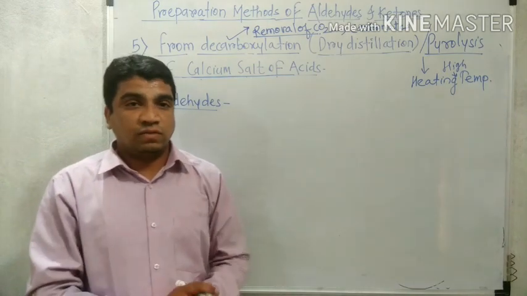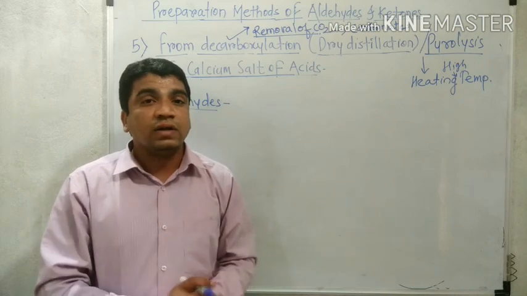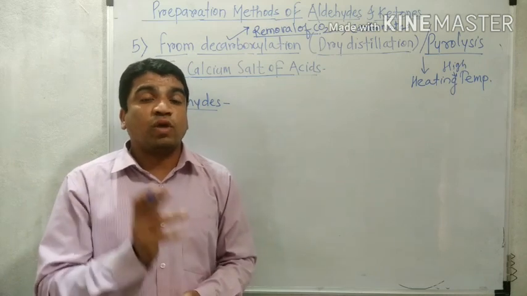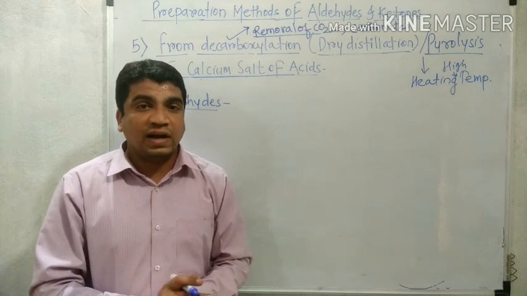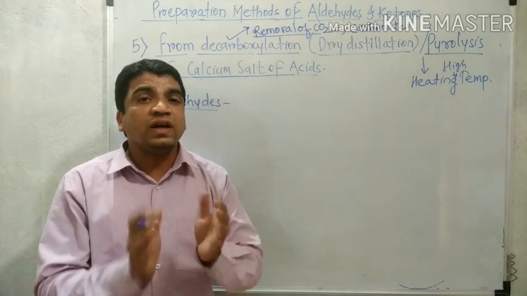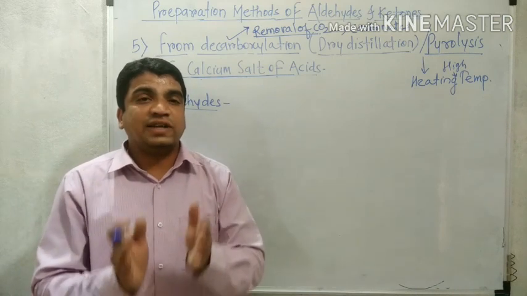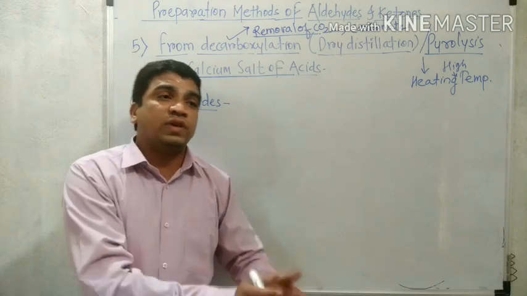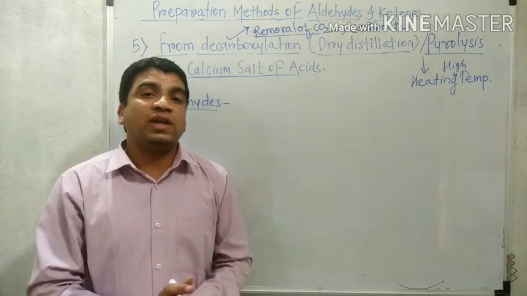Always note that for preparation of aldehyde from the respective calcium salt of the corresponding acid, calcium formate, the salt of formic acid with calcium, is used. For preparation of aldehyde, either calcium formate alone is taken or calcium formate is used with another calcium salt to prepare the corresponding aldehyde.